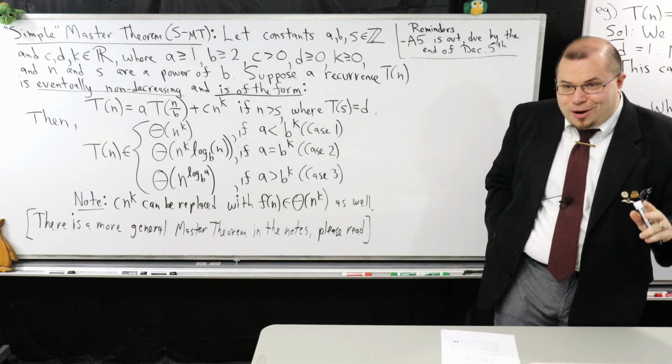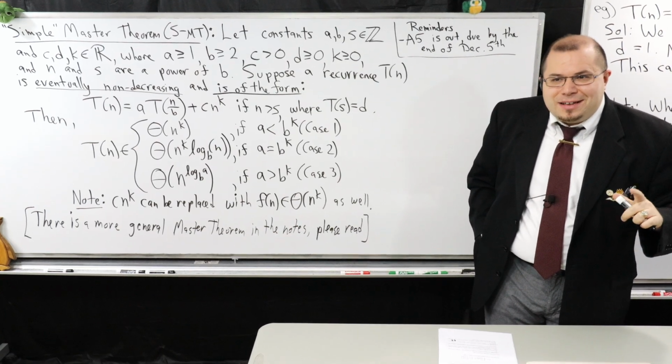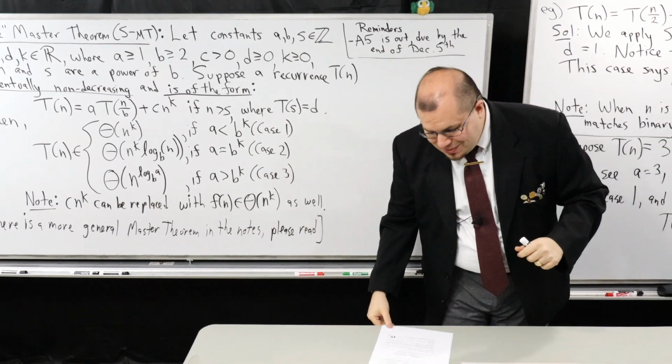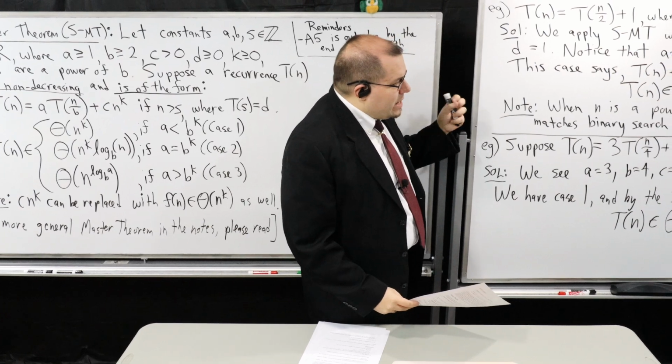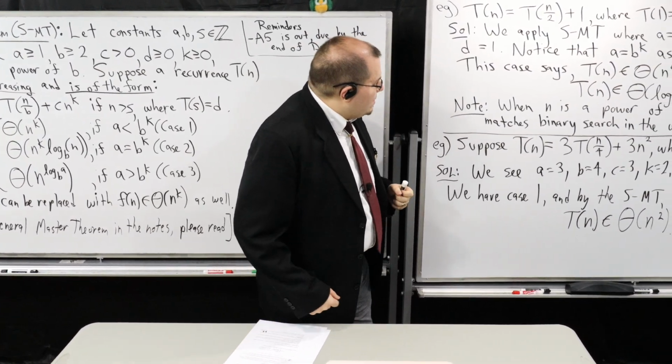Like I said, and I promised you, I was going to give you something very easy that you can use. So let me just do some examples with you. I'm going to do 3 examples, one illustrating each of the cases for the simple Master Theorem, okay?